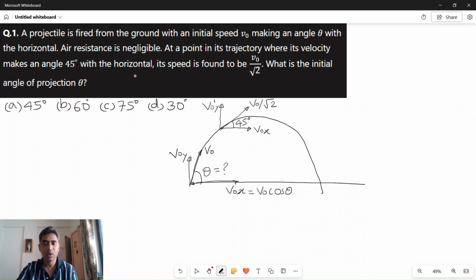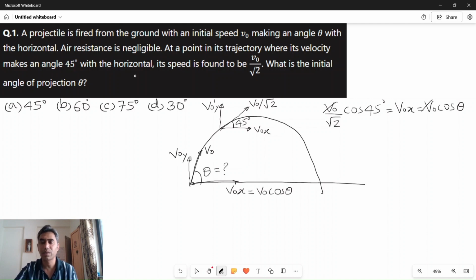If you take the horizontal component of this velocity, it will be V naught by root 2 cos 45. This horizontal component should be equal to V naught x, and V naught x we know it is V naught cos theta, correct? So these two cancel.